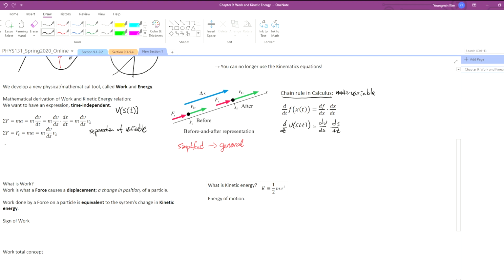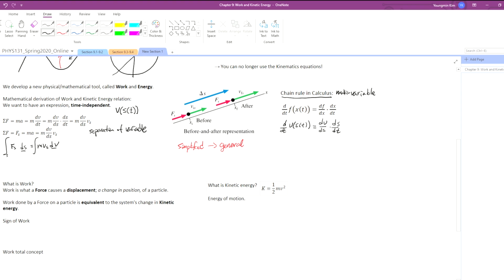We're going to separate the sum of the force Fs, and we're going to send this ds to this side, and we're going to keep mv dv on the other side. I have separated the derivative variables dv and ds on either side of this equation. And then once you have separated, you take the integral on both sides.